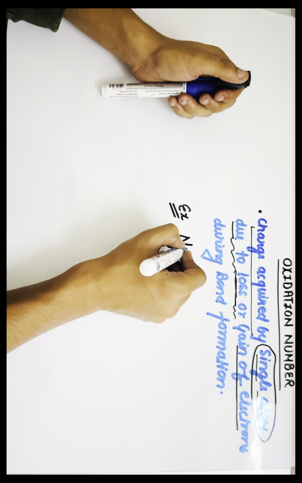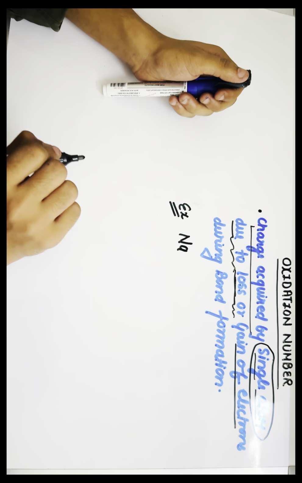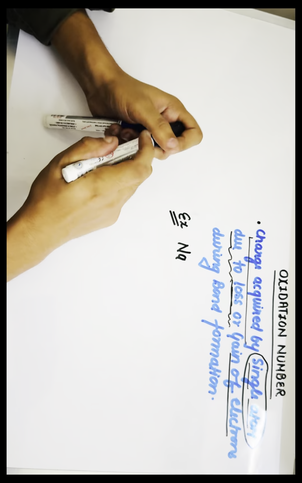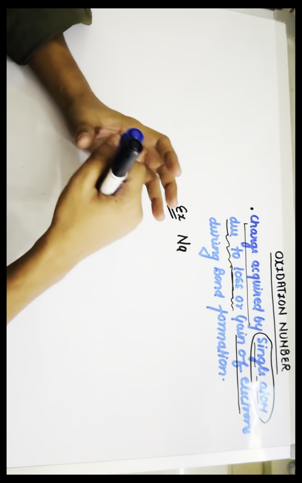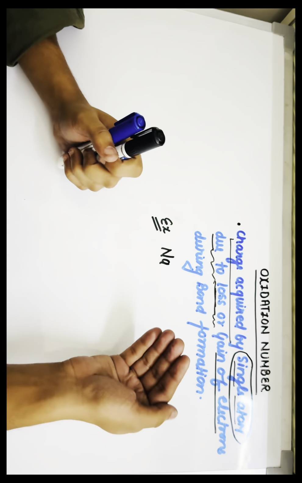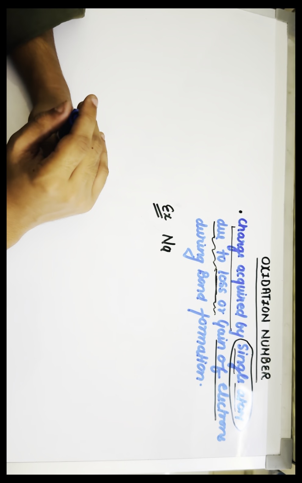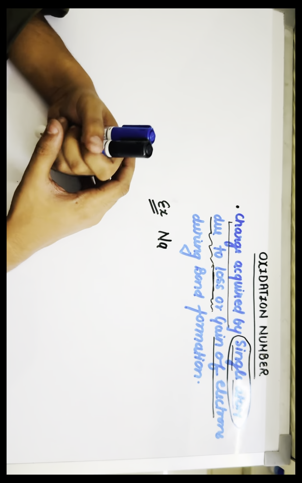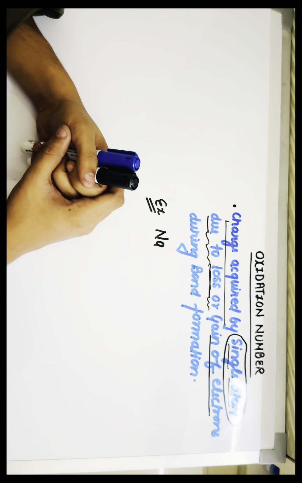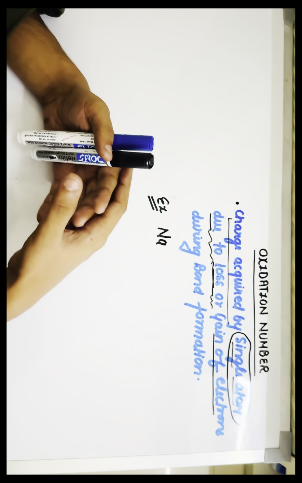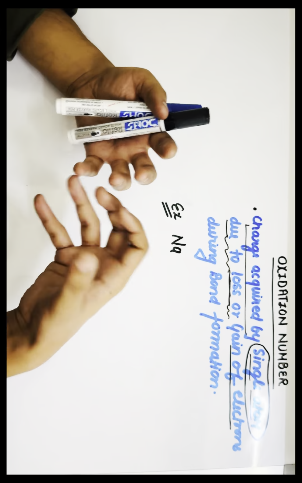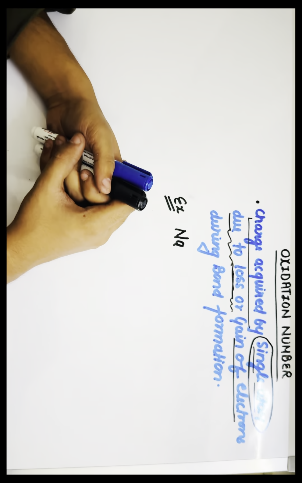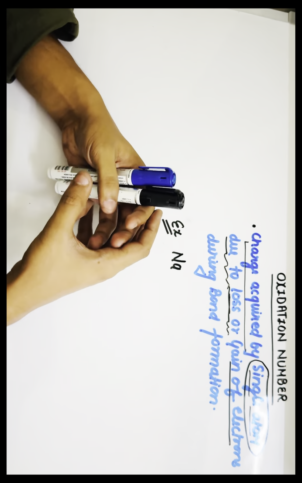So this is the sodium element. Now I just want to tell you an important point before going further. If any element wants to become stable, what will it do?